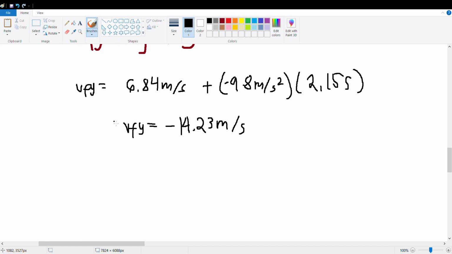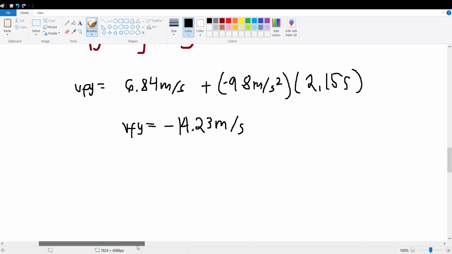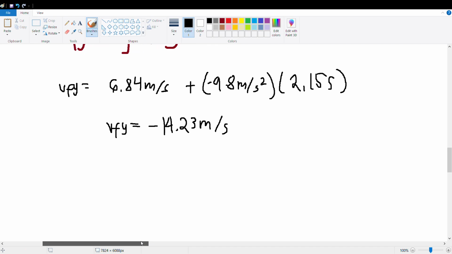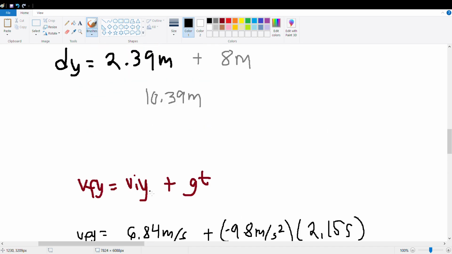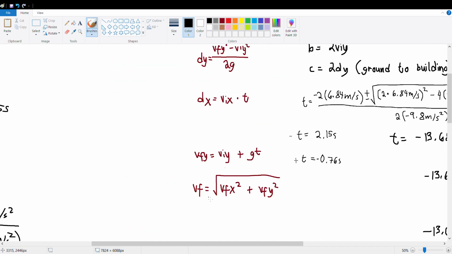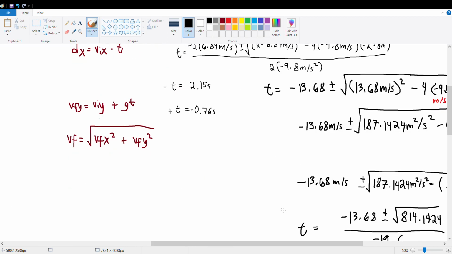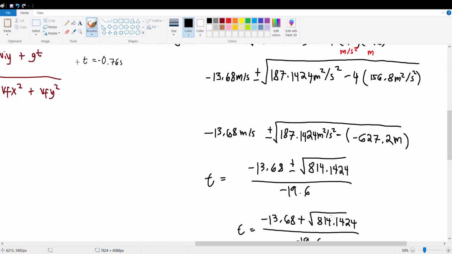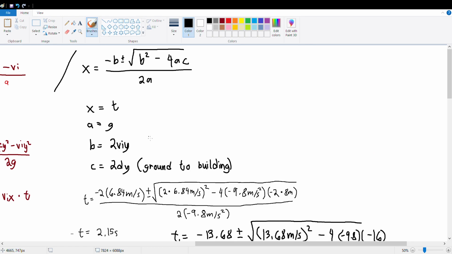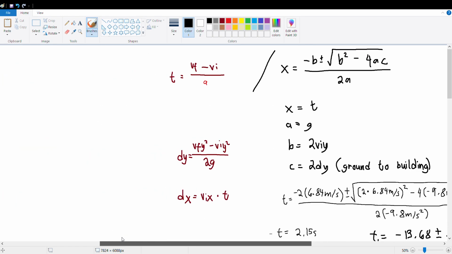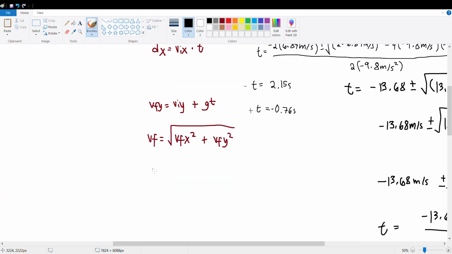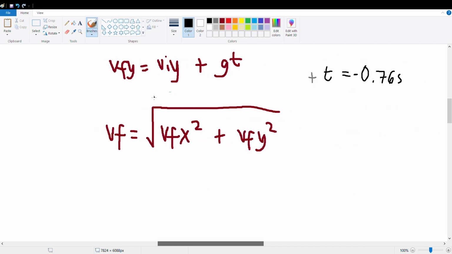Anyways, so now that we have the VFY here, it's time to solve for the general final velocity, which is this formula. Whoops, could not find it.